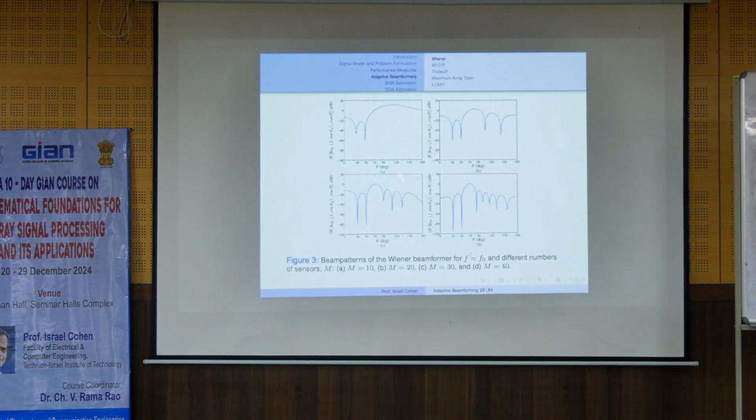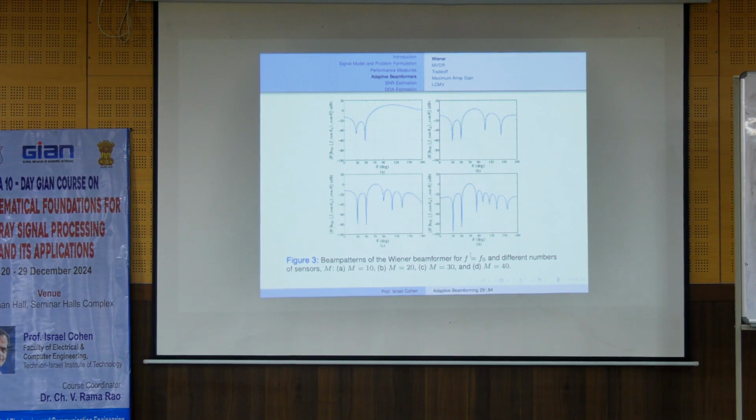You see that the desired signal comes from 70 degrees. For all cases, we have a beam pattern gain for a signal that comes from this direction, from 70 degrees, which is 1, 0 dB, in all these cases.